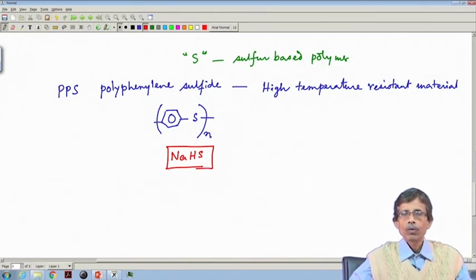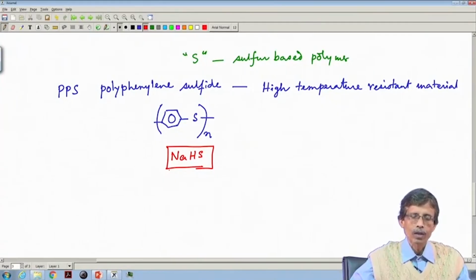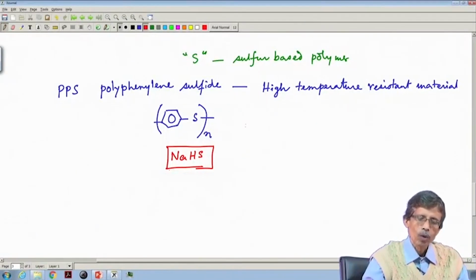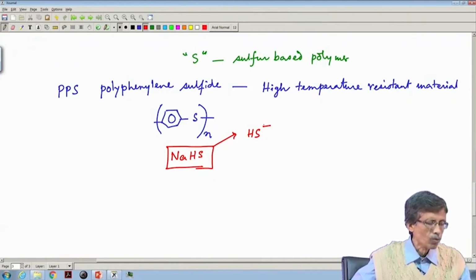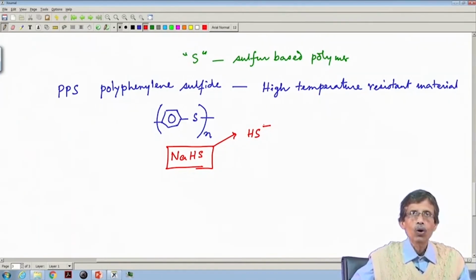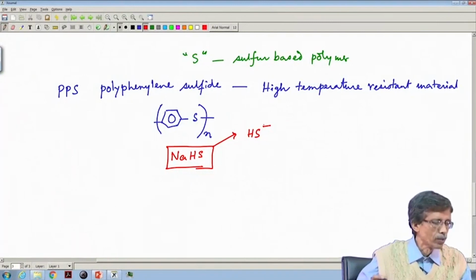Now, you have seen how you can make hydrogen sulfide, and because of these two hydrogens you can replace from this particular sulfur, now one of them can be used, and you have in your hand this HS minus, the bisulfide ion.